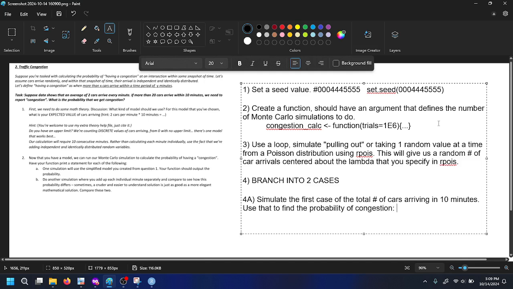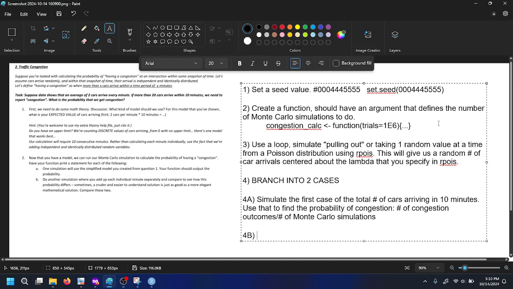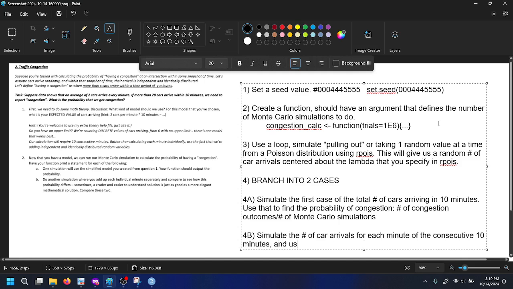That probability would be the number of congestion outcomes divided by the number of Monte Carlo simulations that you did. The alternative, or second branch, is to simulate the number of car arrivals for each minute of the consecutive 10 minutes and use that to find the probability of congestion in a very similar way.